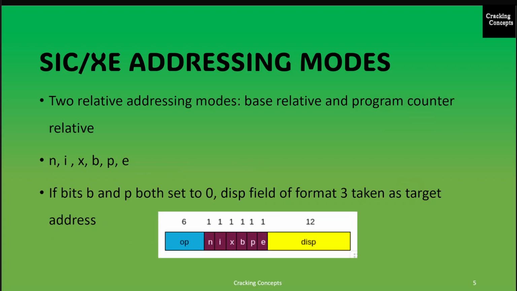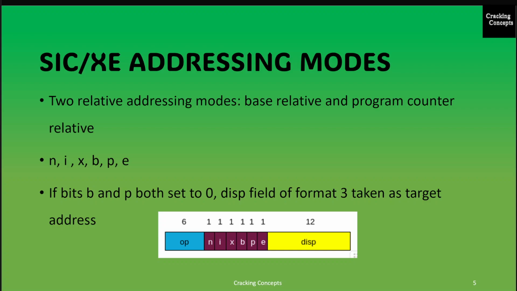Now there are two relative addressing modes in SIC XE, one being the base relative and second being the program counter relative. Now these are the bits that will give extra information on the instruction format 3 and 4. Now when we look into the base relative addressing, the disp field in format 3 instruction is interpreted as a 12-bit unsigned integer.